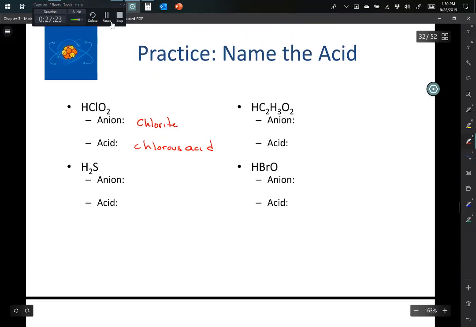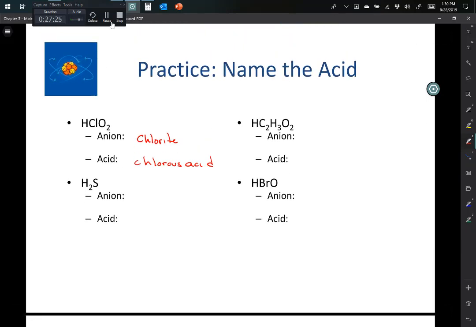Okay, so you do this one, and I'll work with this one with you. This one over here, HC2H3O2. Acetate. Very good. So again, you don't look at that, but you're looking at acetate.